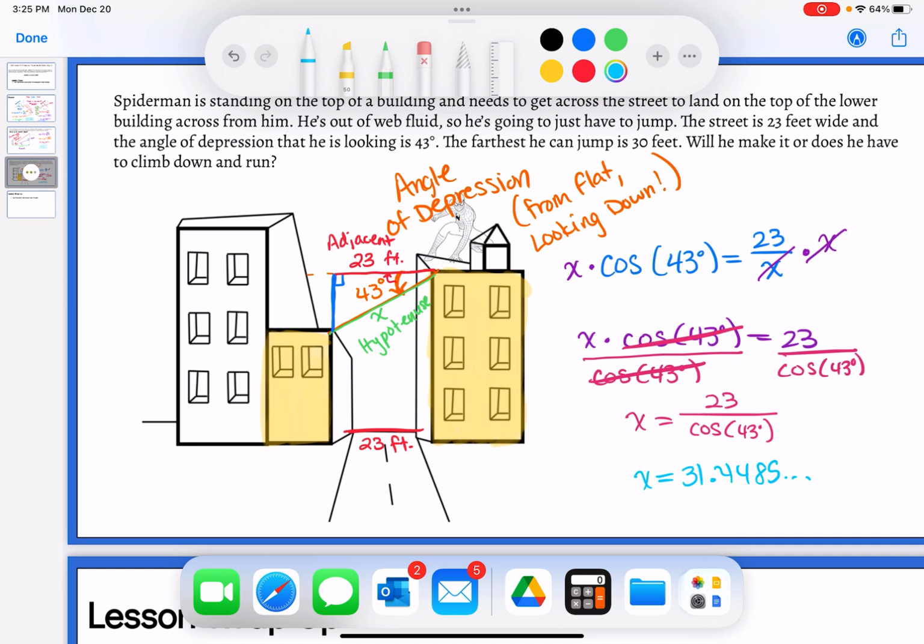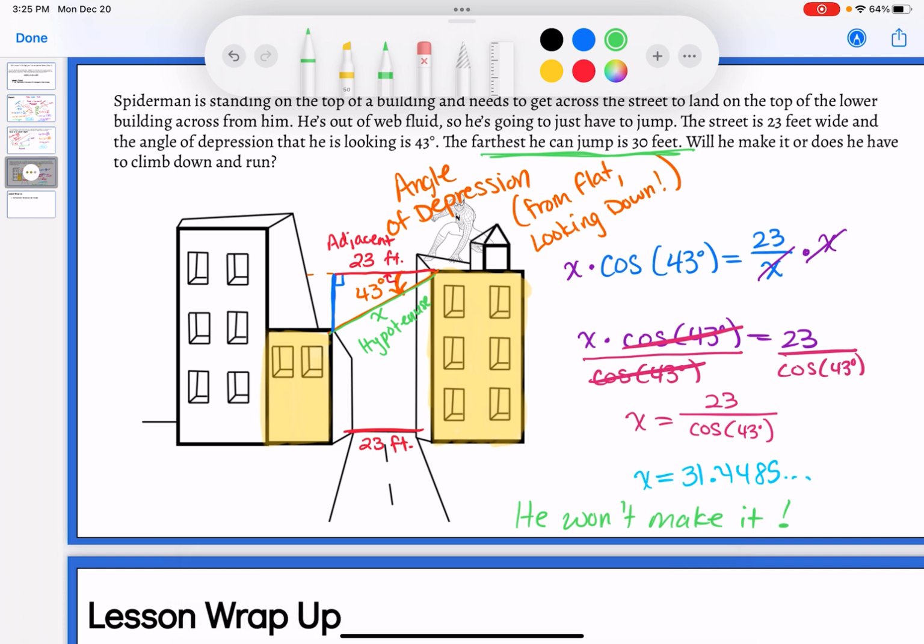The farthest he can jump is 30 feet. Oh no, he won't make it. So he has to get down and he has to run and hopefully he catches the bad guy, right? But that's the idea here.